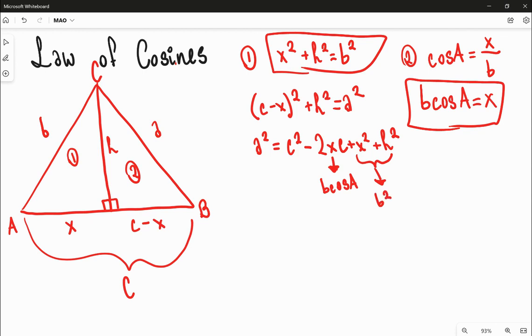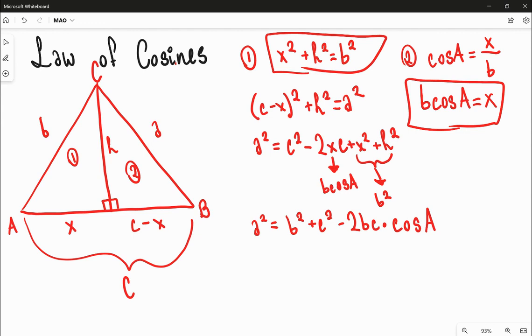So we can replace everything. So you end up with a squared is equal to b squared plus c squared minus 2bc times cosine A.